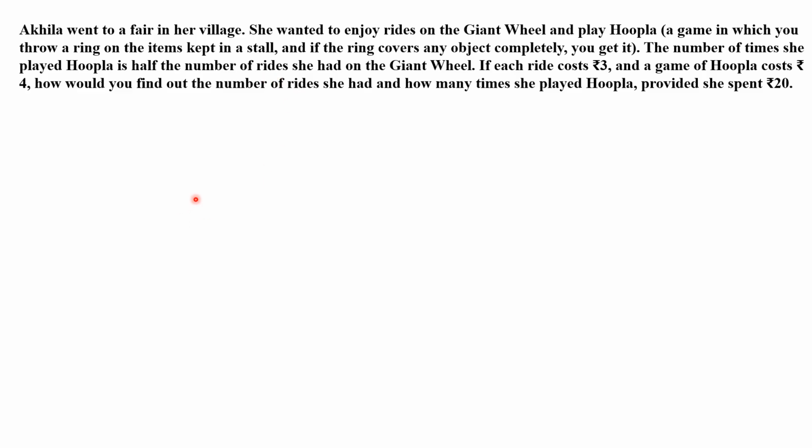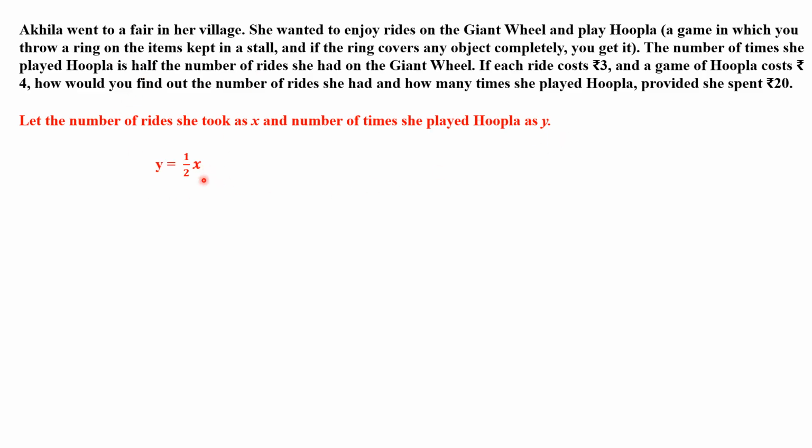So what we can do, we'll assume let the number of rides she took be x and the number of times she played hoopla be y. Now from the first statement, the number of times she played hoopla is half the number of rides. I've assumed she played hoopla y times. So from here we'll get an equation y equal to half of x, or you can say y equal to x by 2.